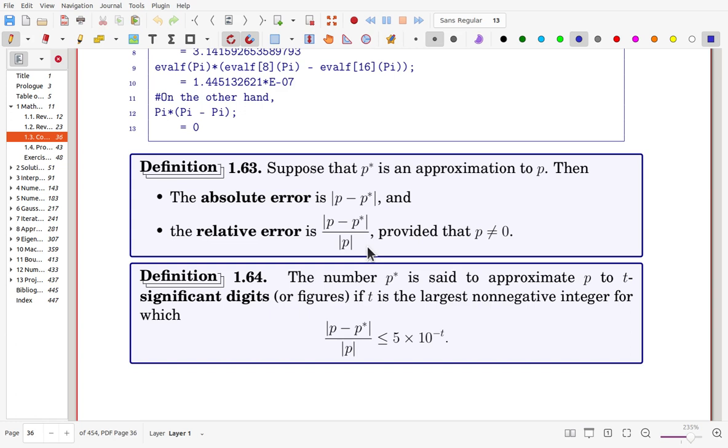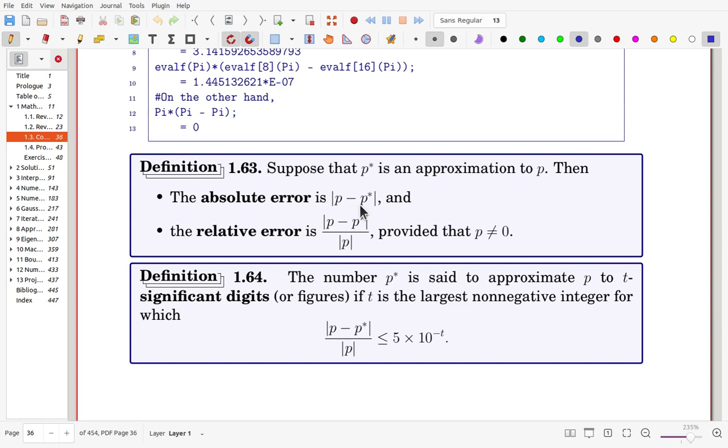Once P is large or small, like around 0 or very large in modulus, then relative error is more relevant. For instance, if P is around the 10 to the 6th level, an error of about 10 to the 3 is quite small compared with the magnitude of the solution.